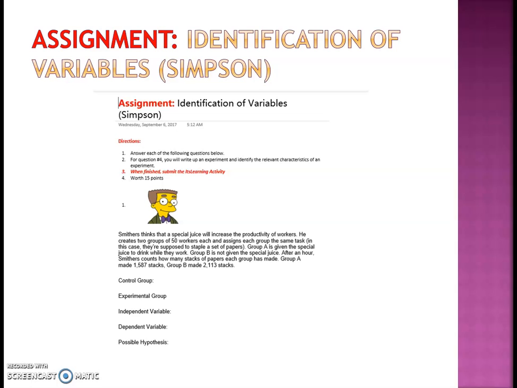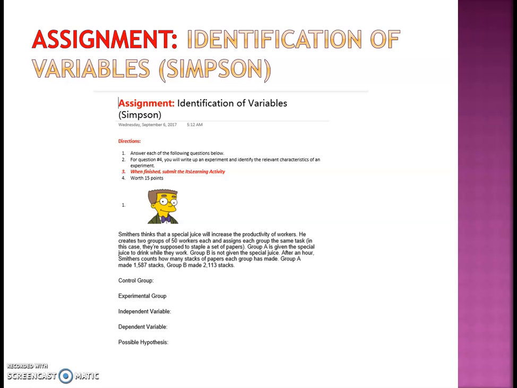So for each of these scenarios, you will simply type down here on your OneNote page what you would identify based upon this scenario and this example with Smithers. What would be called the control group, what would be the experimental group, what would be the independent and dependent variables, and what's a possible hypothesis for this particular scenario. That's up for you to decide.